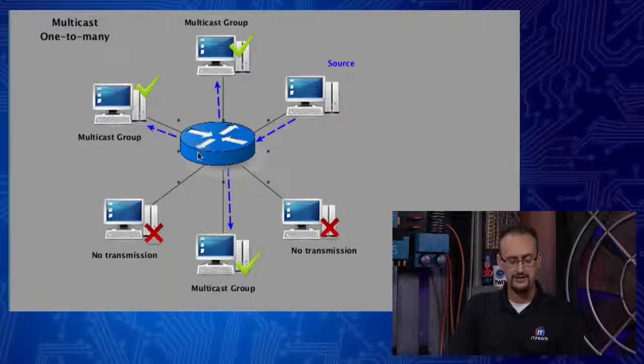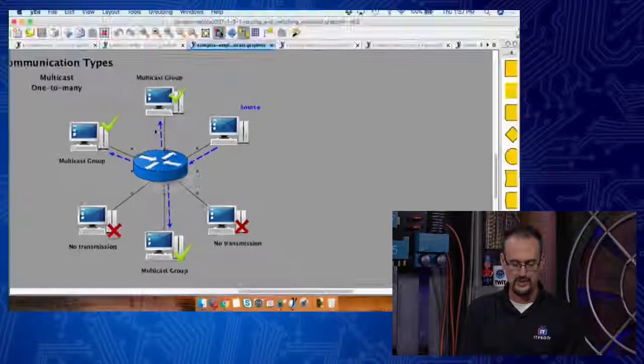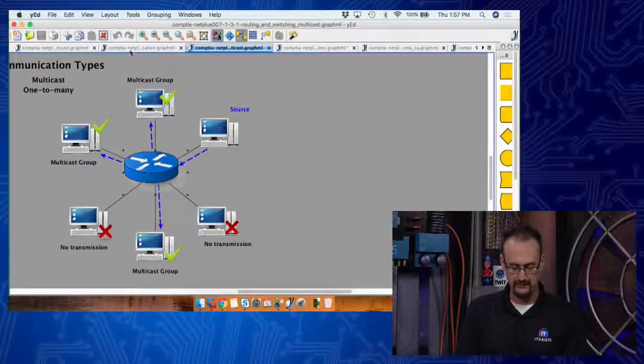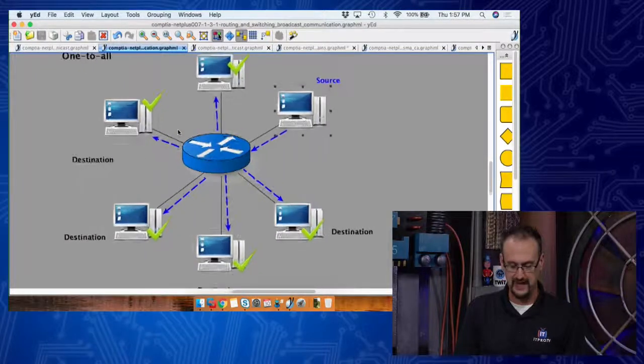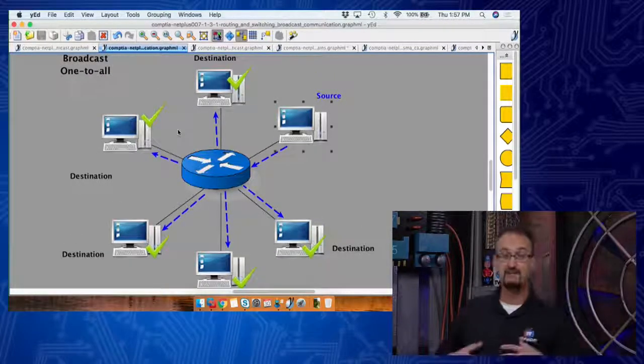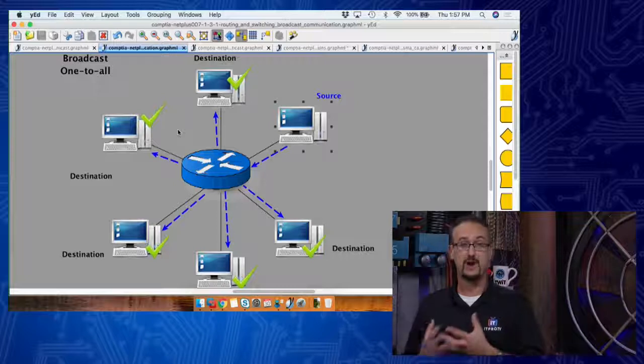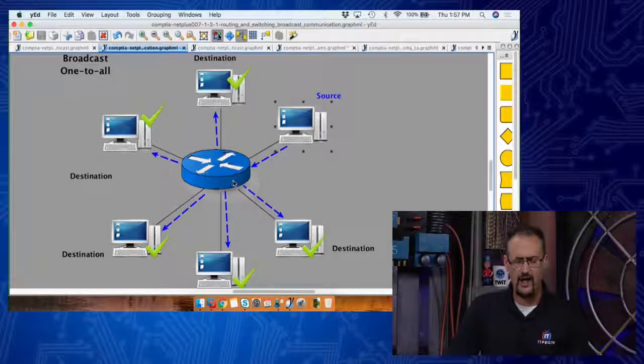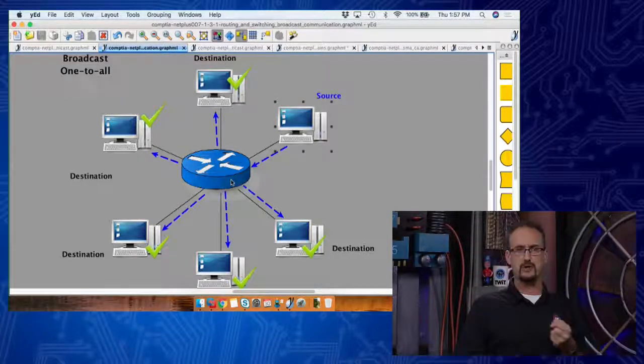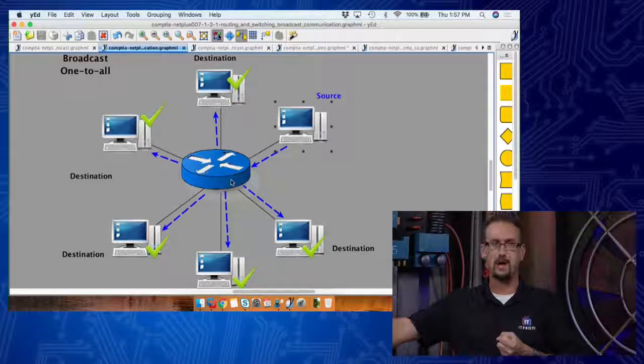Remember what we said about a hub? Even though this is a physical star topology, because of the way the hub works, it receives communication and just broadcasts it out all its ports.